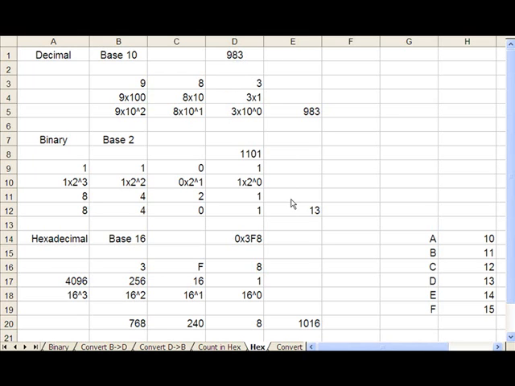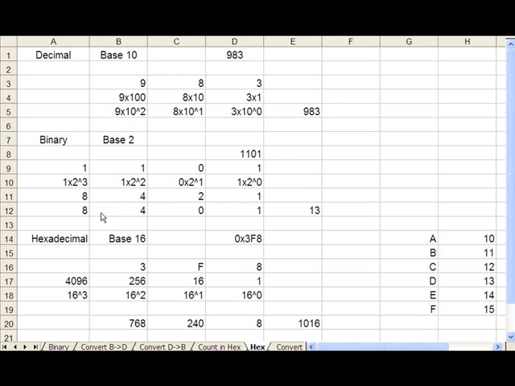In binary, which is base 2, we had an example number, 1101. We looked at what that meant. The first one, the most significant one, is 1 times 2 to the power of 3. 2 cubed is 8. So 1 group of 8, 1 group of 4, 0 groups of 2, and 1 group of 1.